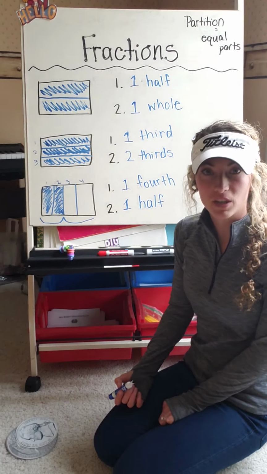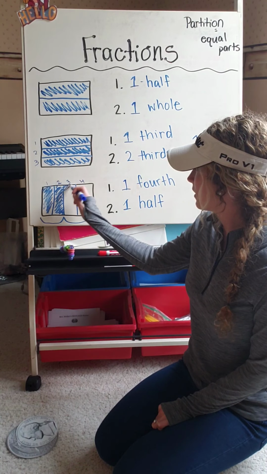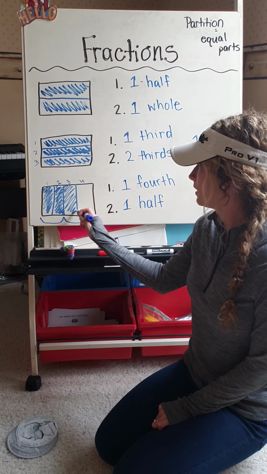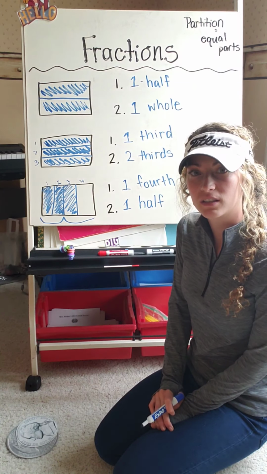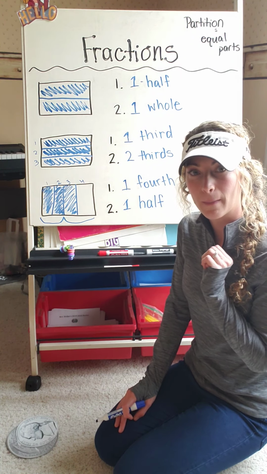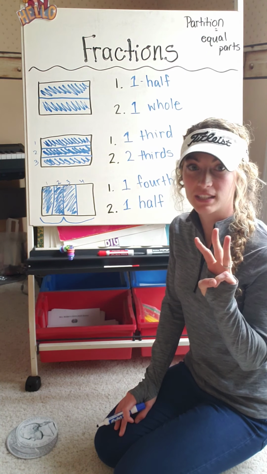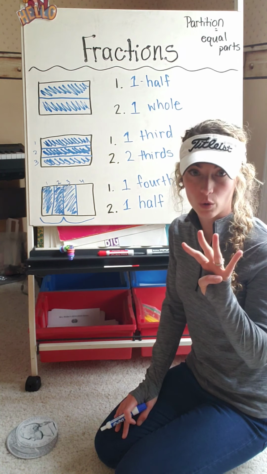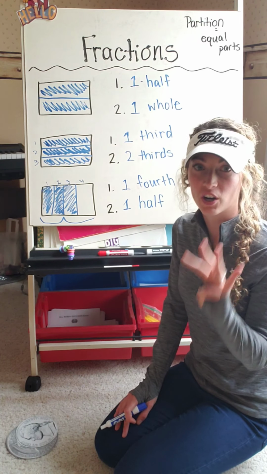And then if we kept going, if I colored in the third part, do you guys know what that would be called? Remember, there's 4 altogether. How many are colored in? 3 are colored in. So it would be 3/4. 3/4 are colored in.